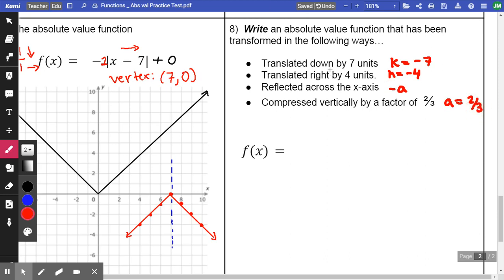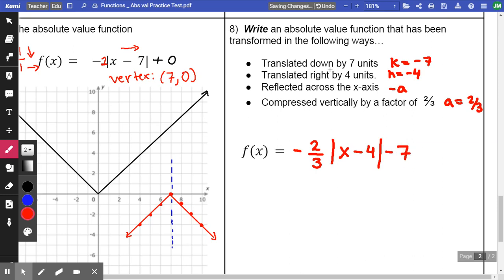Now plugging all of these values into the general form, right, we have a is 2/3, but it's negative, so -2/3 times the absolute value of x minus h. H is 4, so we have x minus 4, and plus k, we have k equals -7.